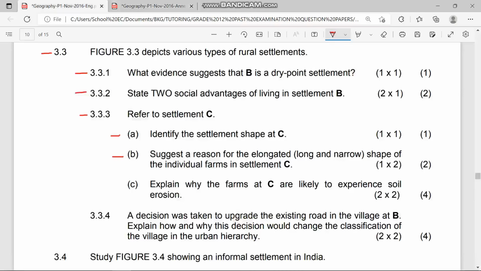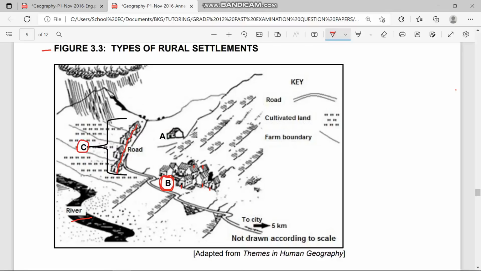B says suggest a reason for the elongated, which is long and narrow, shape of the individual farms in settlement C. Yes, as you can see, at C it's on the steep slope, going up the hill. So I think those are the reasons for the elongation.